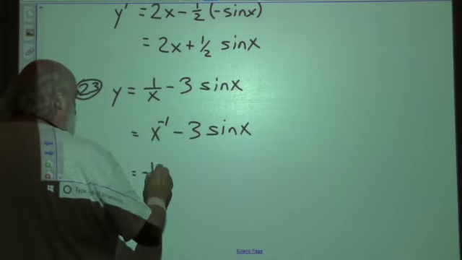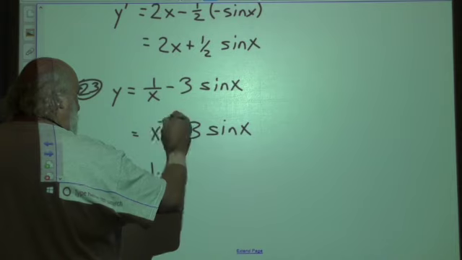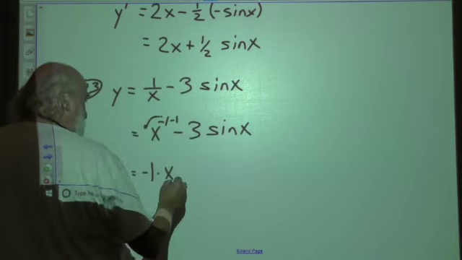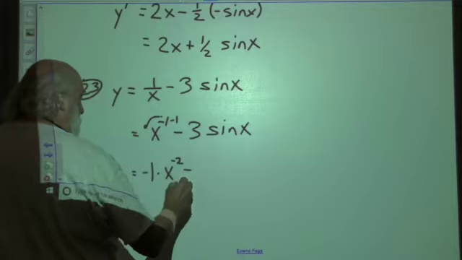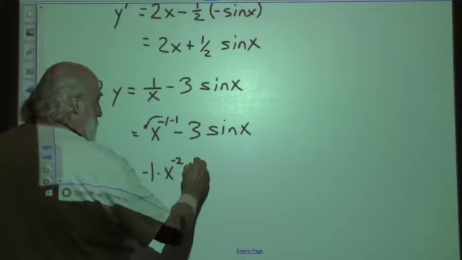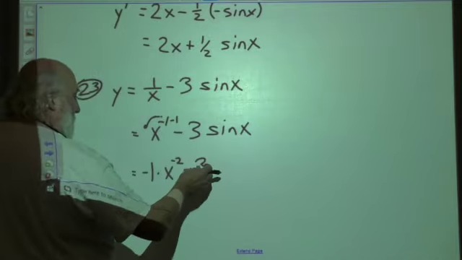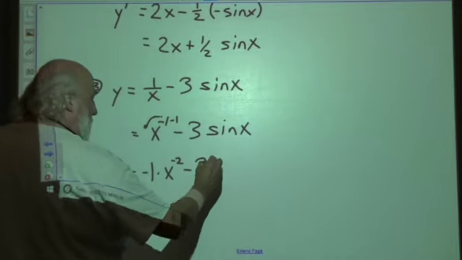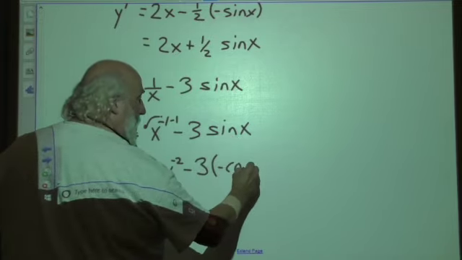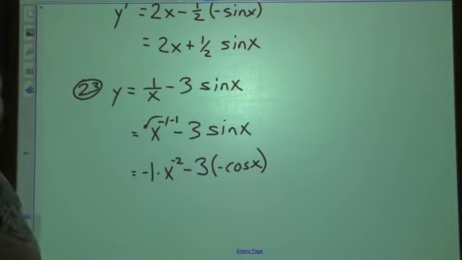So negative 1 times x, and then negative 1 minus 1 is negative 2. That takes care of the non-trigonometric portion of our program. Over here, 3 is multiplying sine x, so it's 3 times whatever we get for this. Well, we know that the derivative of sine of x is cosine x. So that's how we're going to set that up.